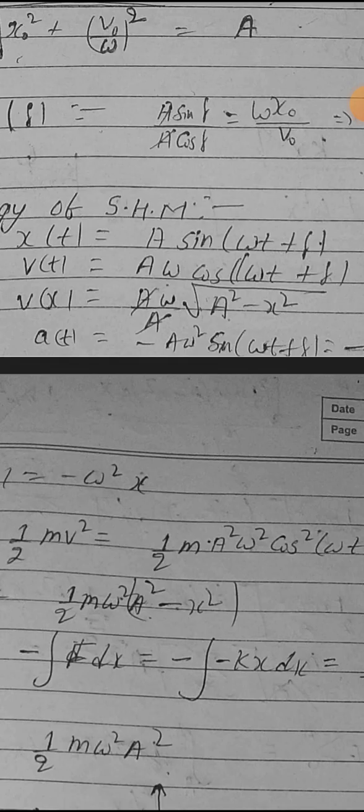So v of x would be equal to a omega, and can we write cos of omega t plus delta as under root of cos square of omega t plus delta? Listen carefully. Yes.